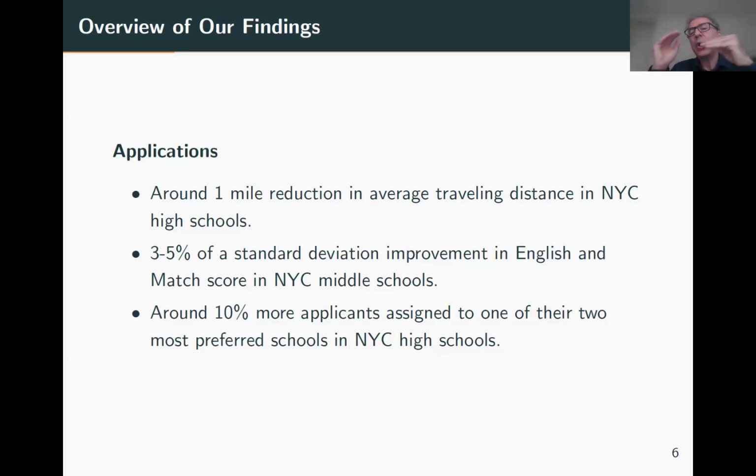And if we try to optimize by assigning kids as high as possible in the choice list, we can actually assign about 10% more applicants to one of their top two choices. Remember, these are all subject to the constraint that the matching has to be stable.